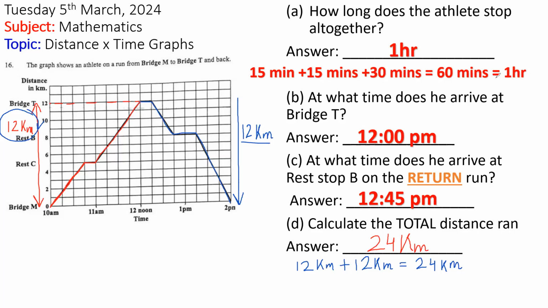Okay, why did we do 12 plus 12? Because he ran 12 kilometers upwards, and then going down, how many kilometers did he run? 12 kilometers, very good.